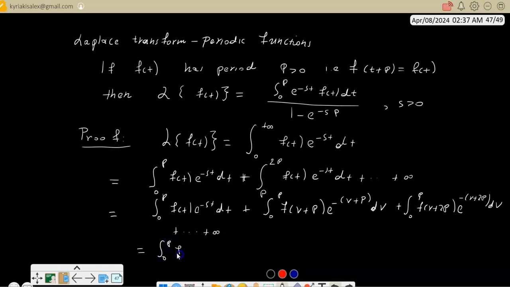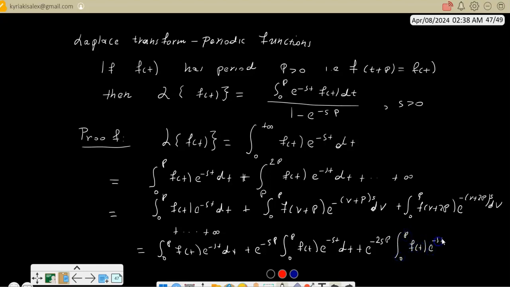So it's the integral from 0 to p of the function f of t e to the minus st, plus e to the minus sp integral from 0 to p of f of t e to the minus st dt, plus e to the minus 2sp integral from 0 to p of f of t e to the minus st dt, and so on.